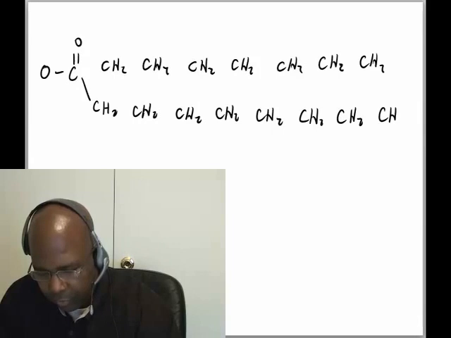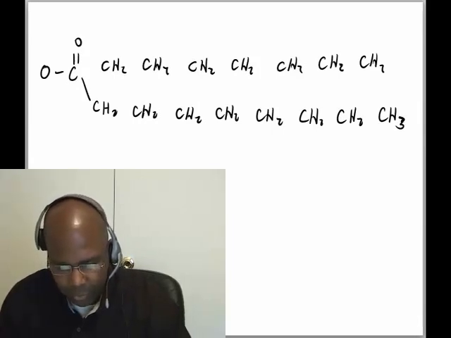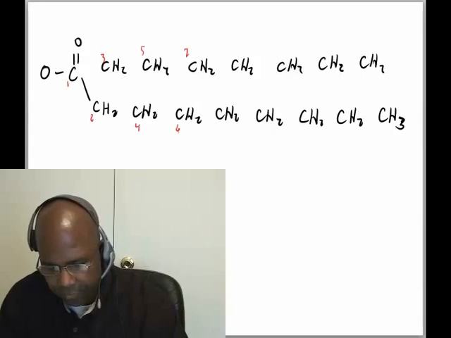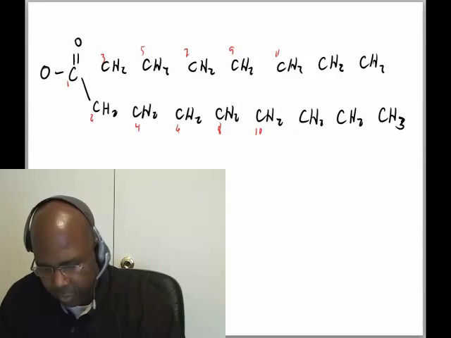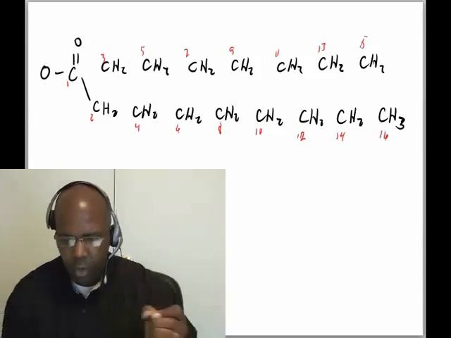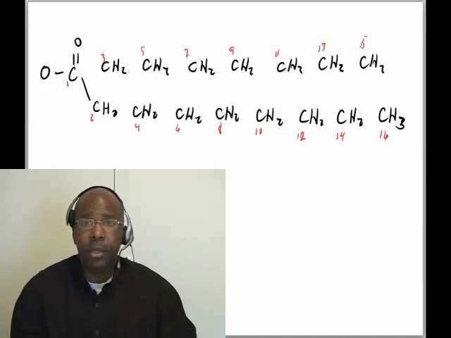Well, something is wrong because 15 can't be down. So let me number these: 1, 2, 3, 4, 5, 6, 7, 8, 9, 10, 11, 12, 13, 14, 15, 16. Yeah, 16 would have to be down. Okay, and so here's our 16 carbon fatty acid.